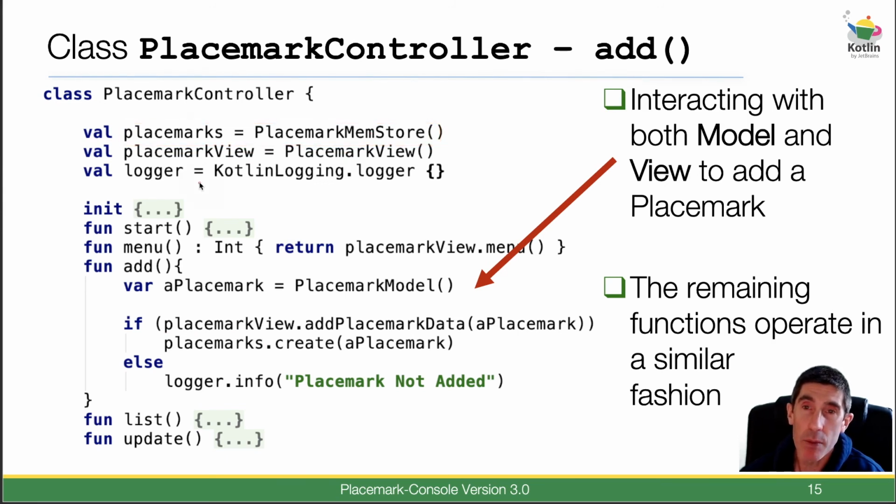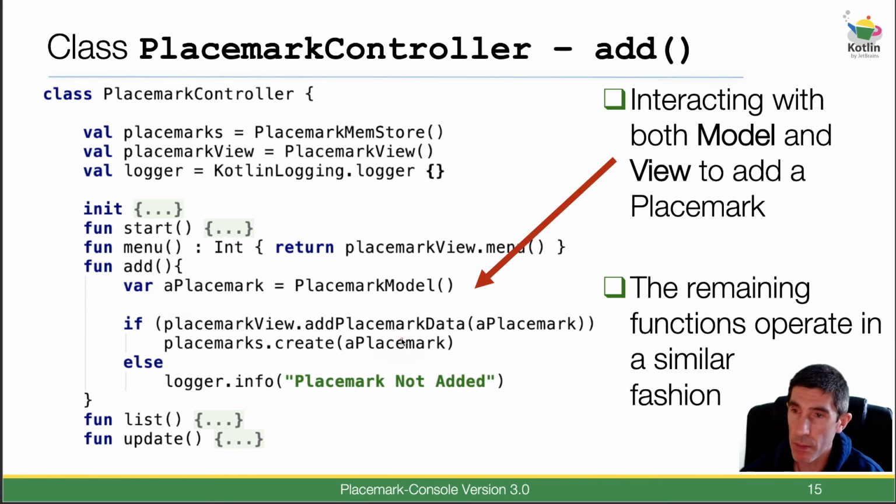So again, this placemark controller is essentially just managing the flow of data from what the user enters, the individual title and description. That gets created, stored in a placemark model object, which gets passed into this placemark controller, which ultimately gets passed off to the placemark memstore and gets stored in the array list, and eventually will get stored in a JSON file.